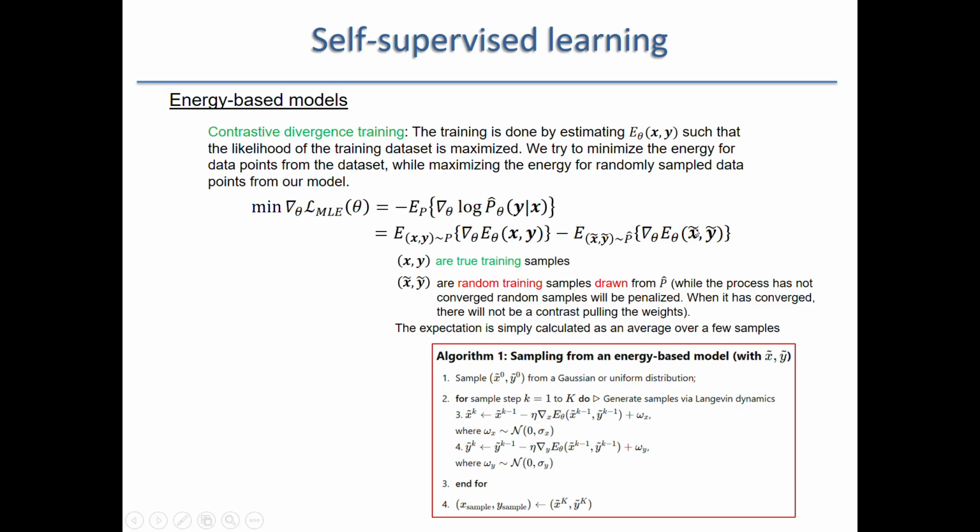So we try to estimate an energy. The neural network, given two samples, will have to produce a number, the energy, and this energy has to be small for true training samples, while it has to be large, this is what the negative sign does, for samples that are not coming from the true training samples.